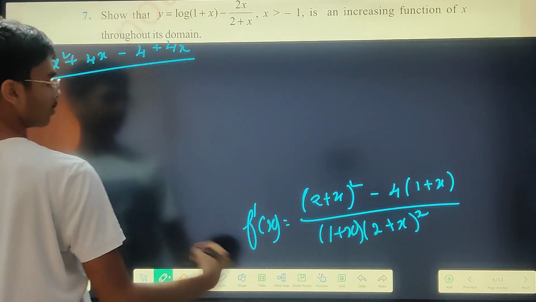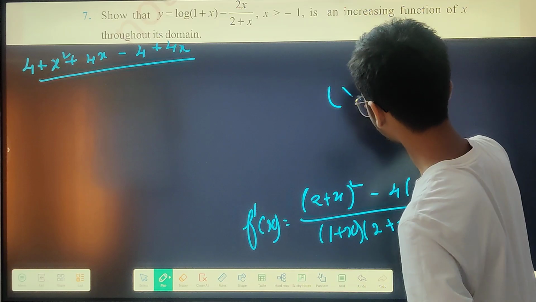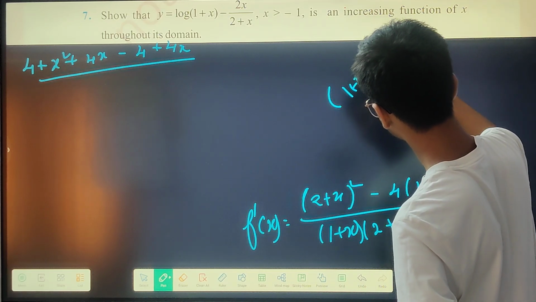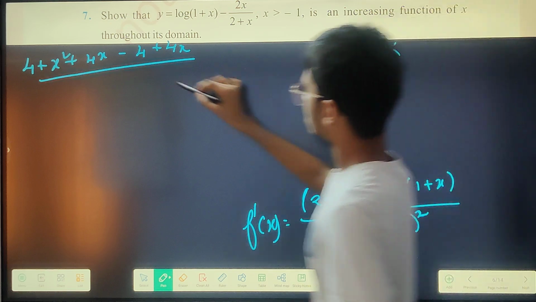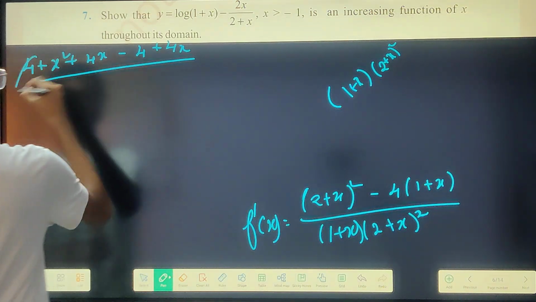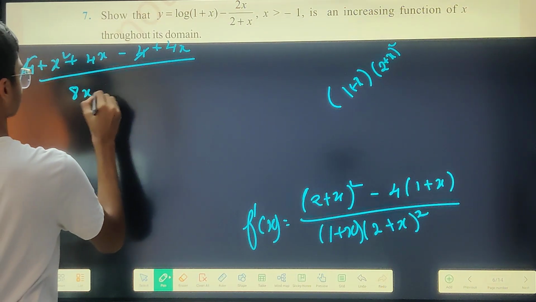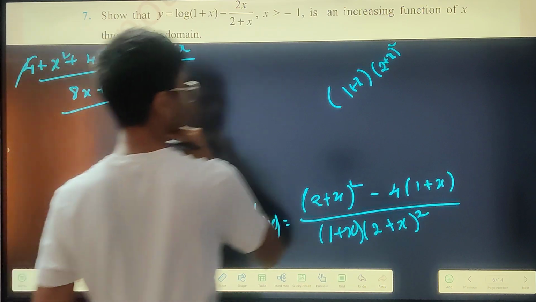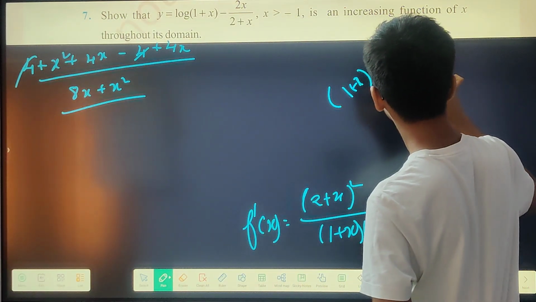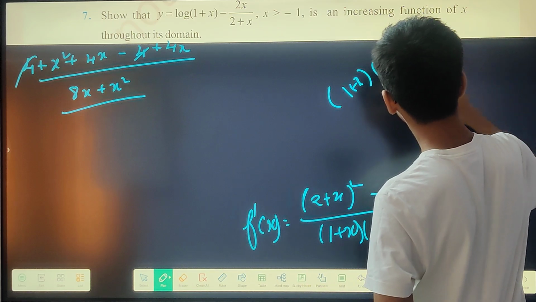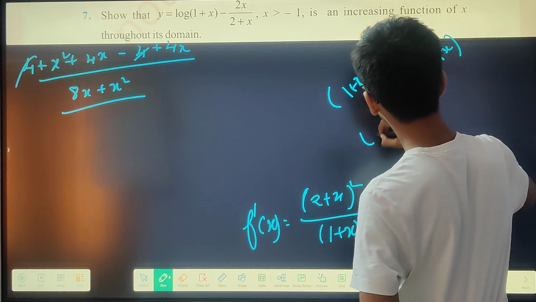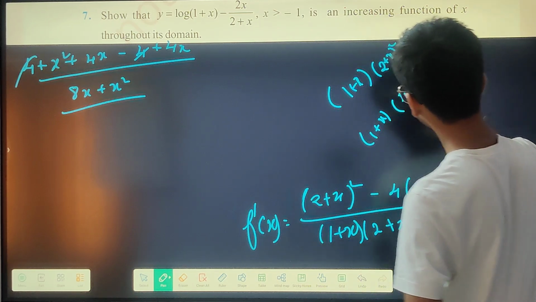So we will just write it here: 4 plus x square plus 4x, then multiply it with 1 plus x.